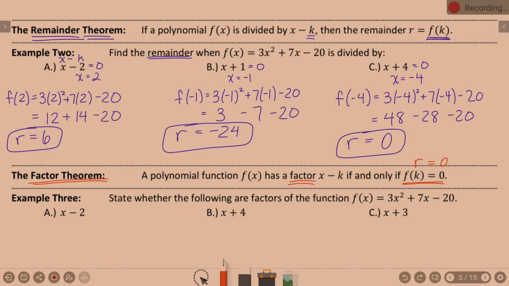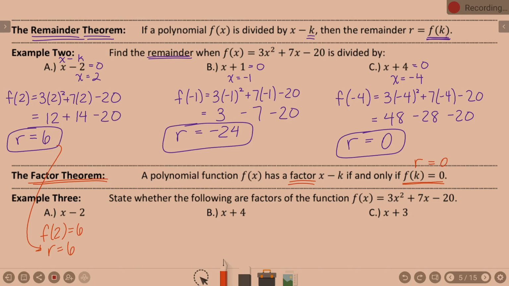But, so, x minus 2. Is it a factor? Not a factor. Got a remainder of 6. So if you look up above, we found f of 2 to be 6, which means we found the remainder to be 6, yes? We already did that work.